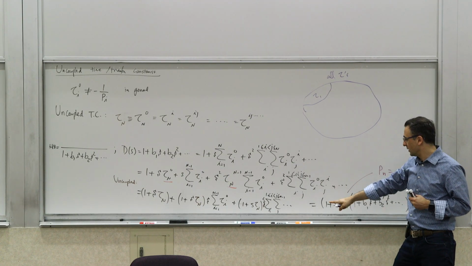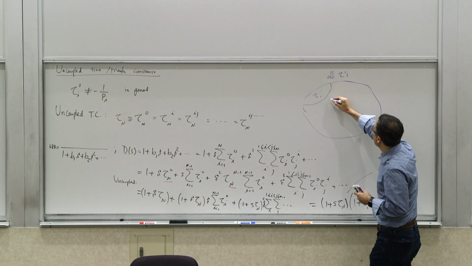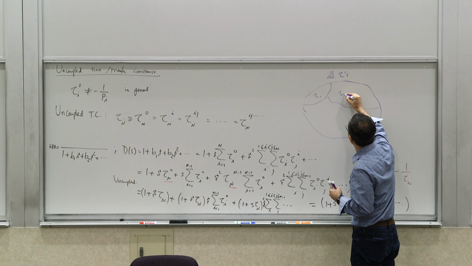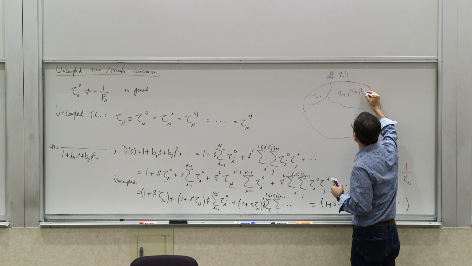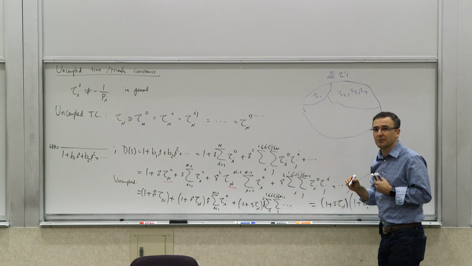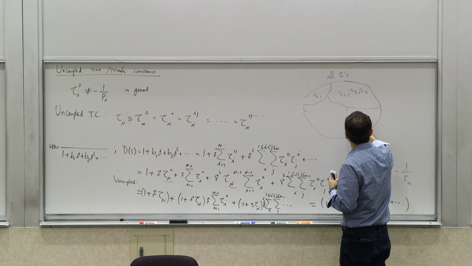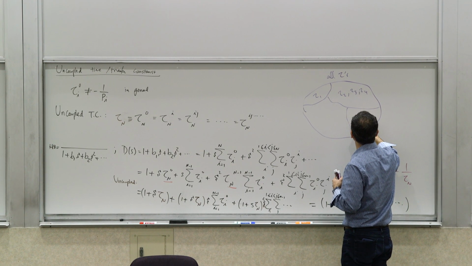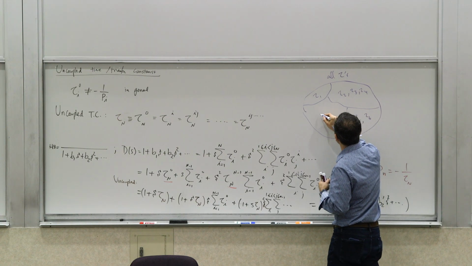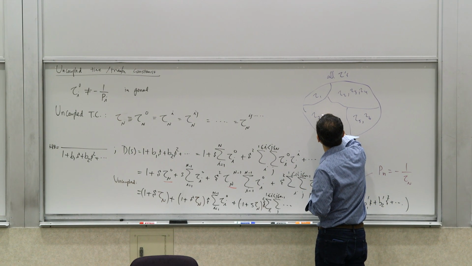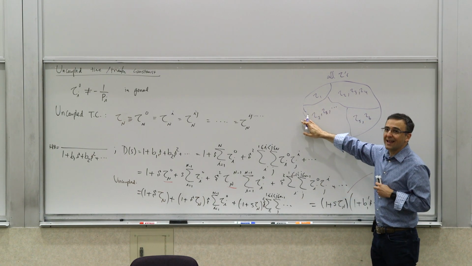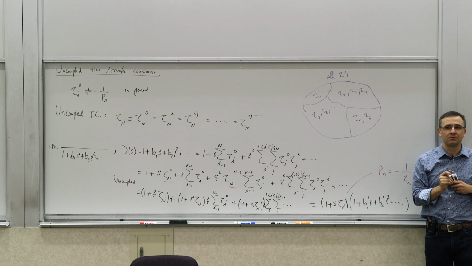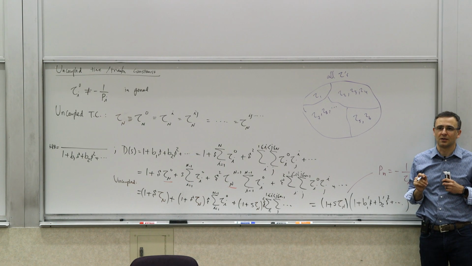This is an uncoupled one, like this one. You may have a group of 3 here, tau 2, tau 3, you may have a group of 2, and some other groups that are collectively coupled to each other, but they're uncoupled from the other groups.